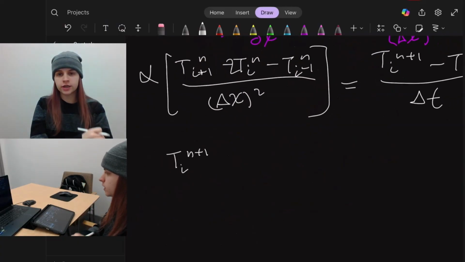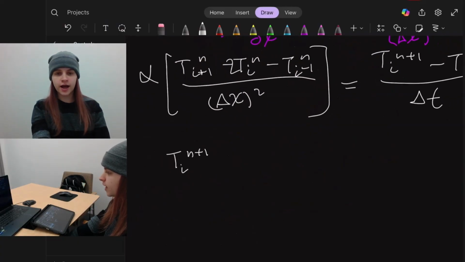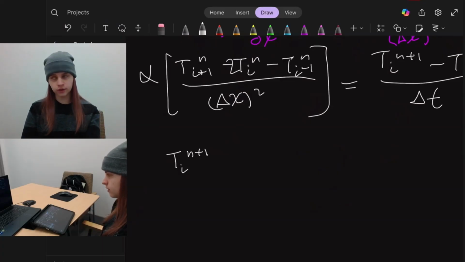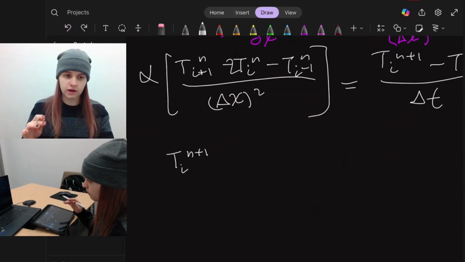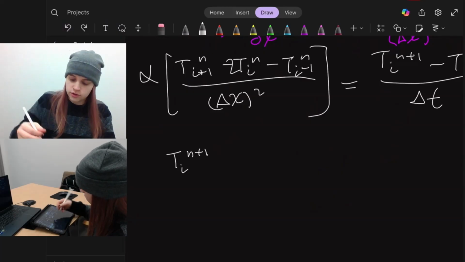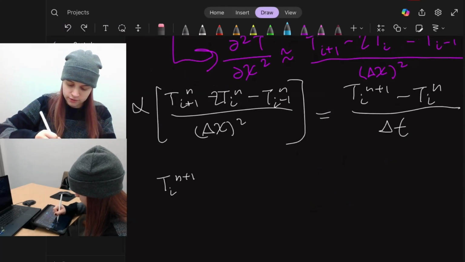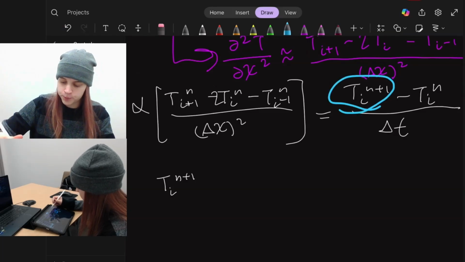If we know our current temperature at this time, what we're looking at now is what the temperature is after this delta t occurs. And that comes from here.